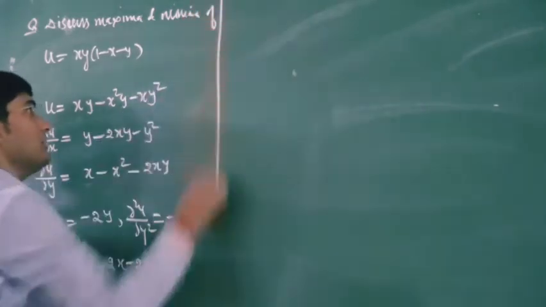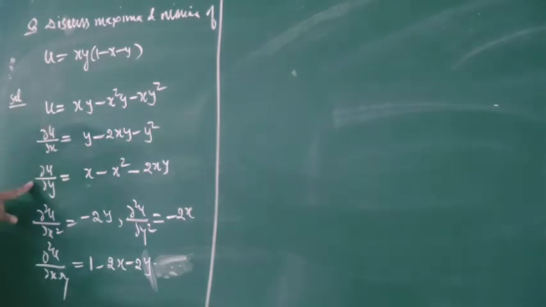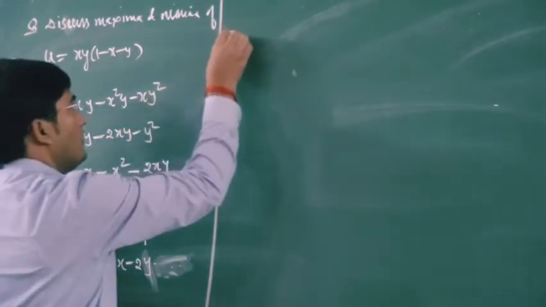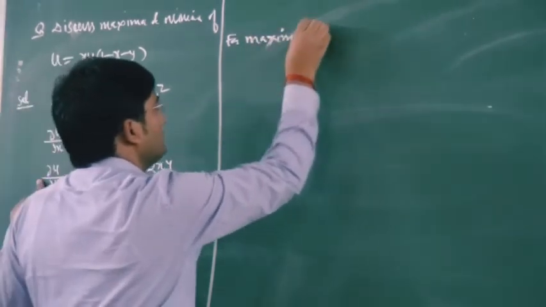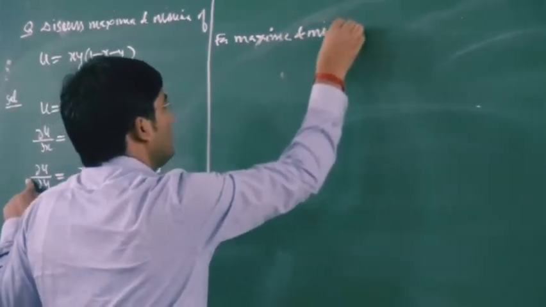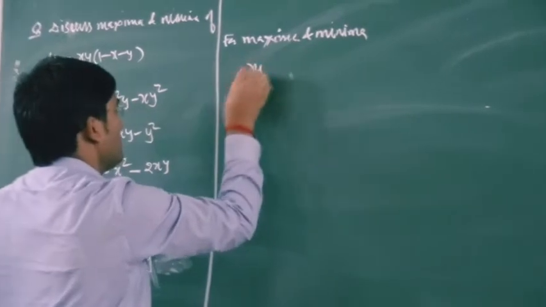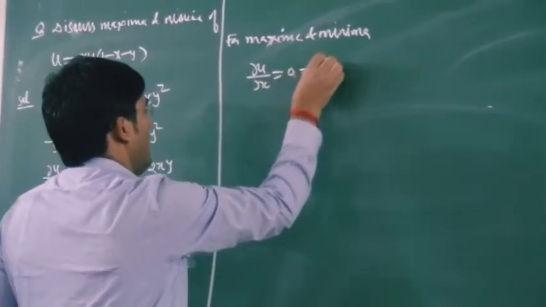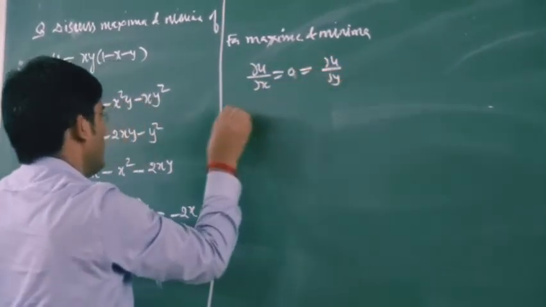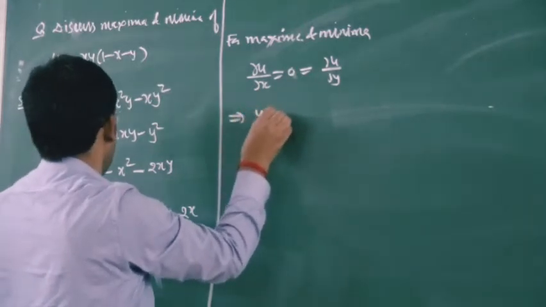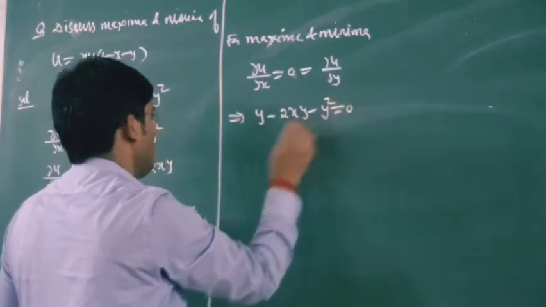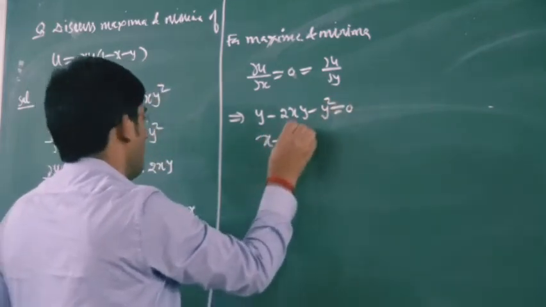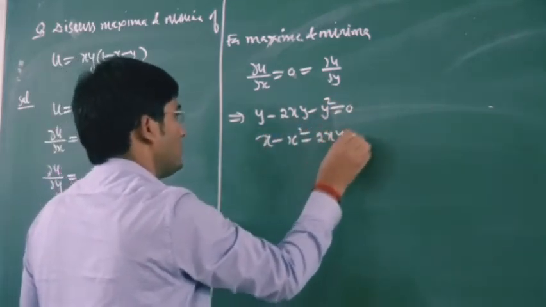Now for maxima and minima, our first order derivative will be 0. So for maxima and minima, our del u upon del x will be 0 and del u upon del y will be 0. So we have these two equations: y minus 2xy minus y square equal to 0, and the second is x minus x square minus 2xy equal to 0.